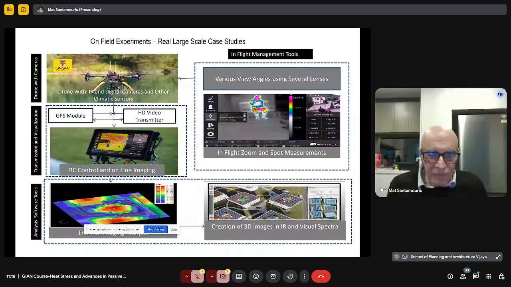The drone may fly over the surfaces and make pictures of the surfaces. And then based on the characteristics of the surfaces, we can understand the temperature of the materials. And you see, for example, some pictures that we can take from the area.